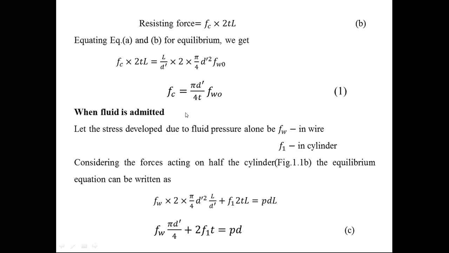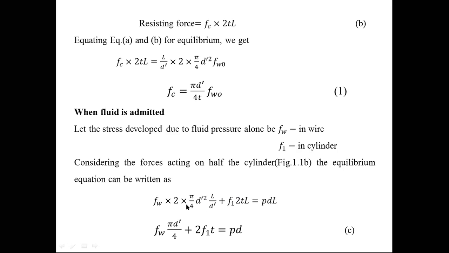When the fluid is admitted, let the stress developed due to fluid pressure in the wire be Fw, in the cylinder be called F1. So consider the force acting on half cylinder in equilibrium. Then we write the equilibrium equation. This is the force Fw in wire, and this is the cylinder.